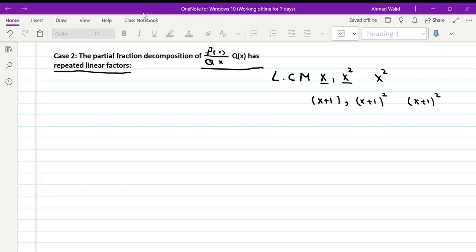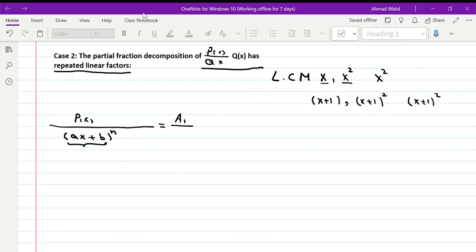Now, having this in mind, I can write whenever I want to find the partial fractions for this rational expression of p of x over, if I have in the denominator ax plus b to the power of n, a linear expression or polynomial, a linear factor, but to a power, then how to set the partial fractions? I'll go this way.